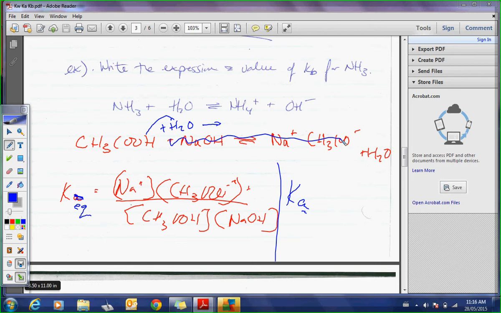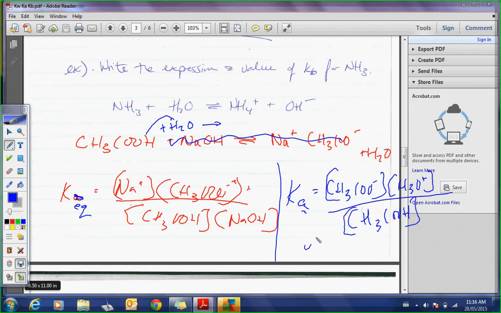So you can write it all out, or you can know the general expression, and so your Ka is going to be CH3COO minus times H3O plus all over the HA, CH3COOH. That's the answer to the Ka.